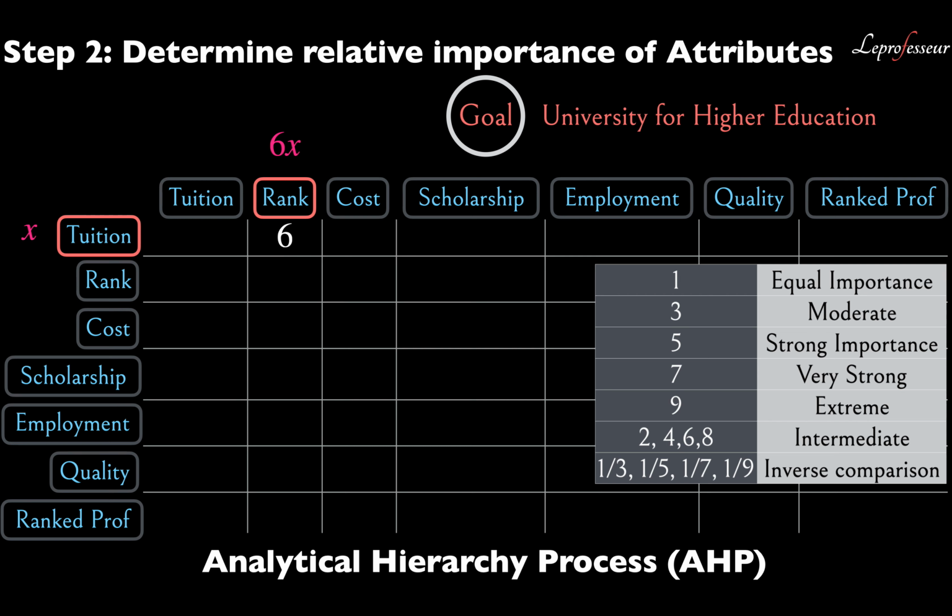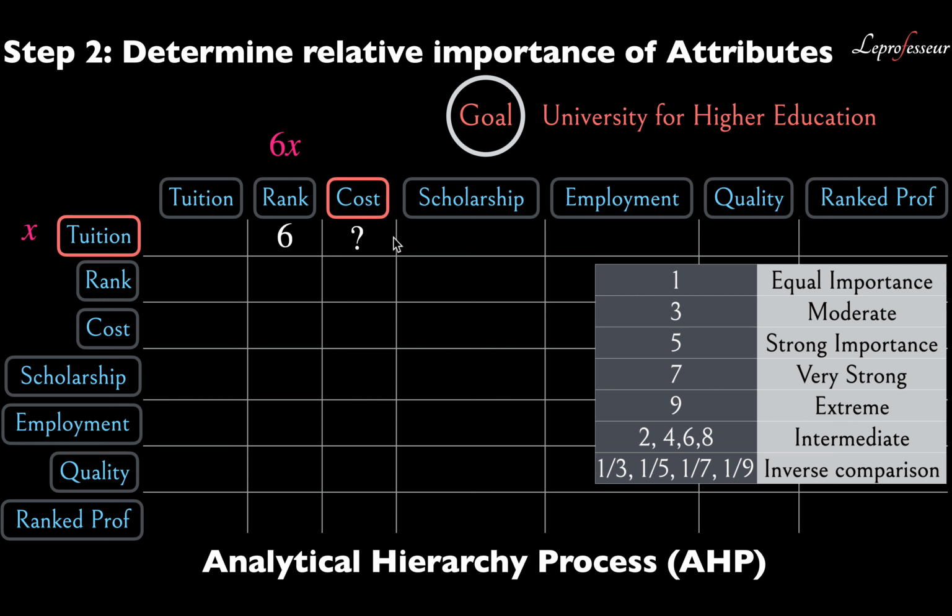Okay. Now, let's compare the tuition with the cost. How important is it? Let's say I spend a tuition fee of $50,000 per year, but then if the university is located in a city area, the cost of living will be high.